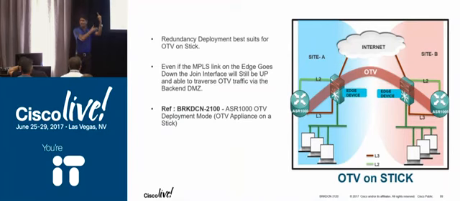Your OTV is up. When the traffic is routed towards the edge device, it figures out, okay, my primary link has gone down, but I still have a route towards the other site. I'll route the packet to it. Clear, everyone? Okay.